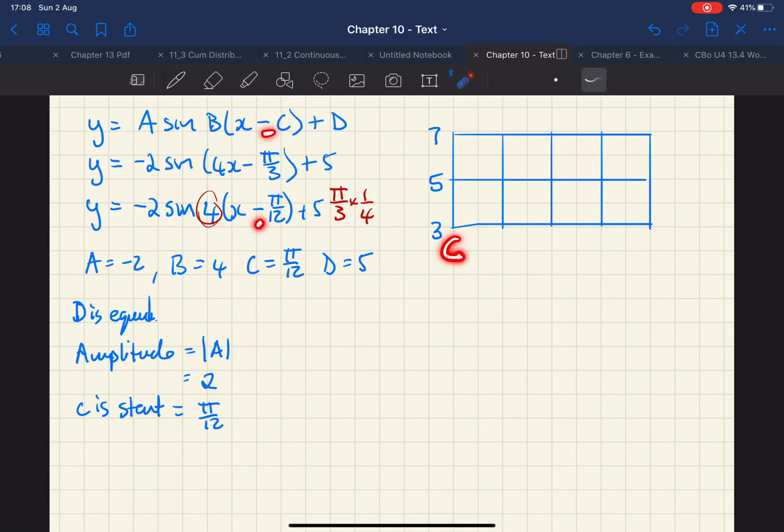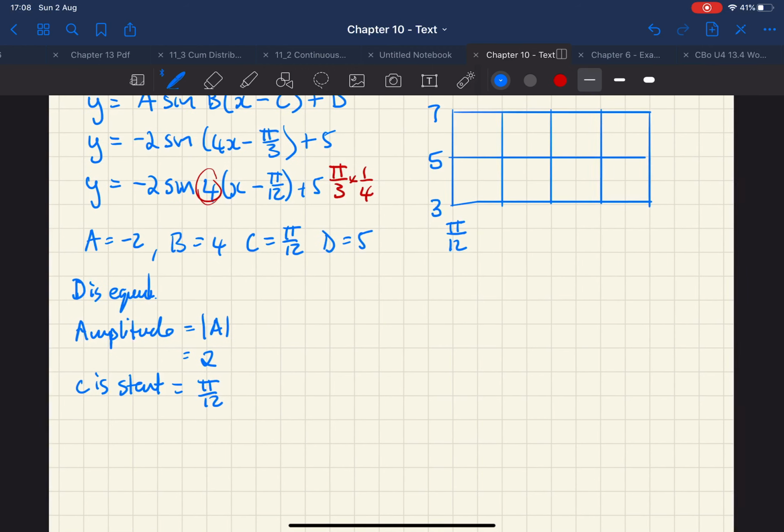If it was plus, it would be minus π/12. But it's not, so it is π/12. That's where my graph starts, because that is how much it's shifted horizontally.